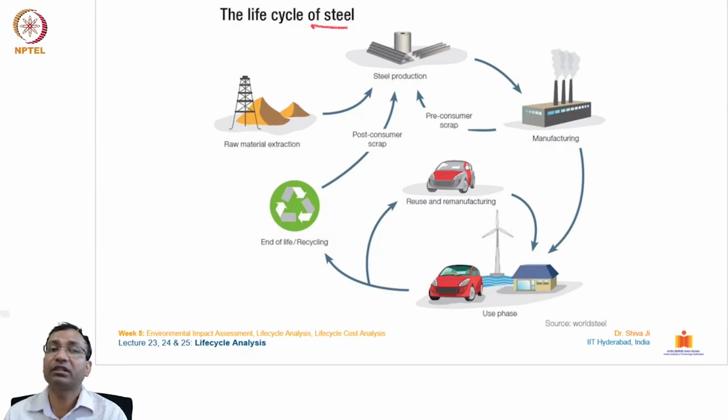And even if it is discarded in nature or goes to the landfills, with exposure to air, water and moisture, it starts oxidizing and breaking down into its elemental form, and it goes back into nature in that form, and maybe it can be recollected someday and put to use.